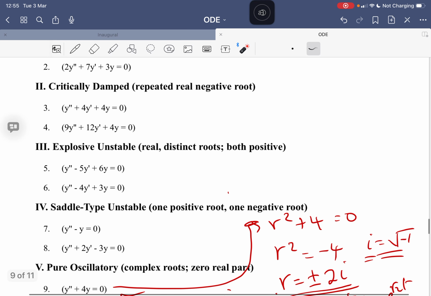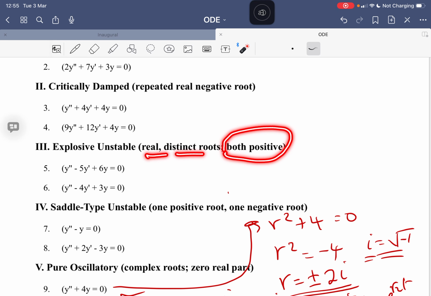And if our roots are real and distinct, and both of them are positive, we have an explosive unstable case, which I am going to illustrate to you.